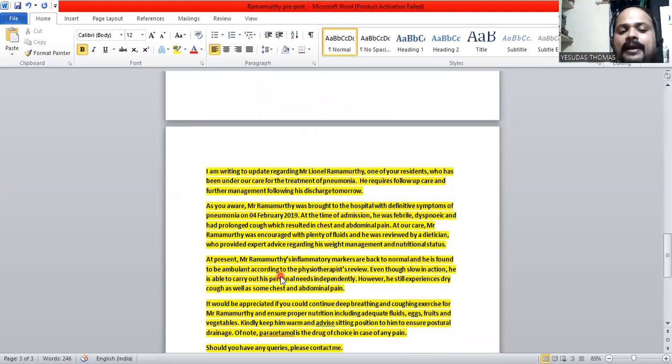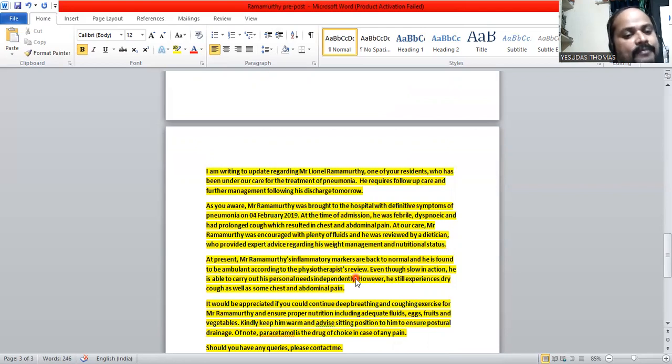Now at present, Mr. Ramamurthy's inflammatory markers are back to normal, and he is found to be ambulant according to the physiotherapist review.